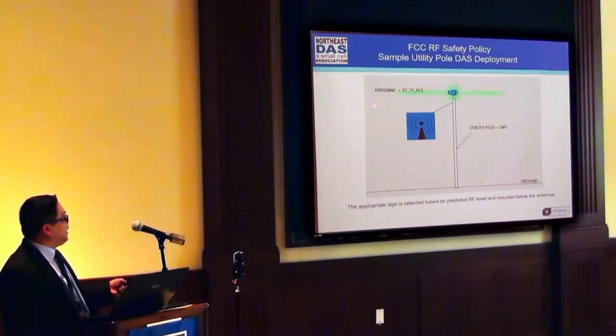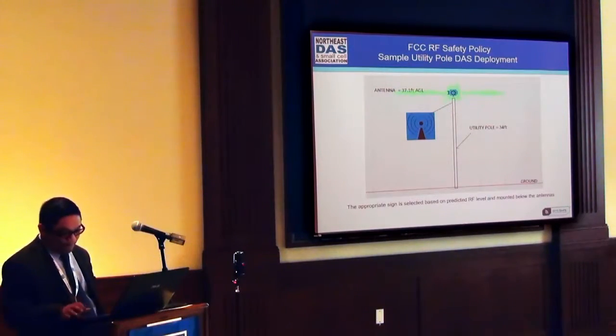This is a simulation of a canister antenna at 37.1 feet above the ground. This prediction is not an RF prediction in terms of coverage, but a compliance prediction. The different colors show you what compliance levels you're in.